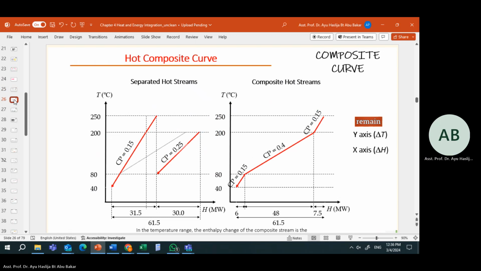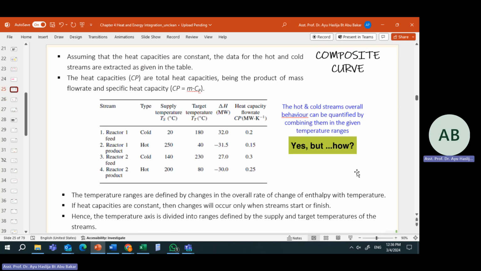Before we generate the curve to find out the pinch, we must plot the composite curve first, for both hot and cold, then we combine. Now, using the same example over here, where we have two hot and two cold.